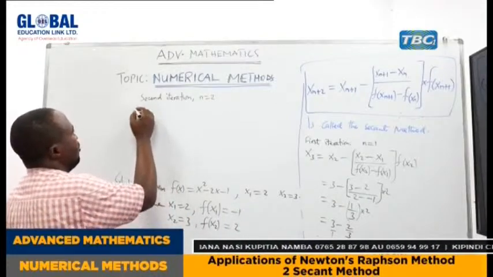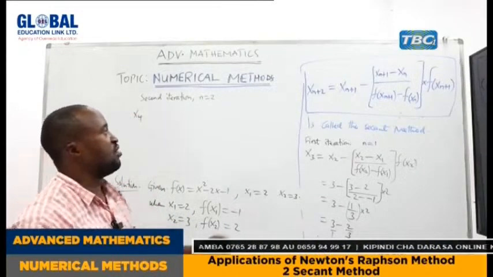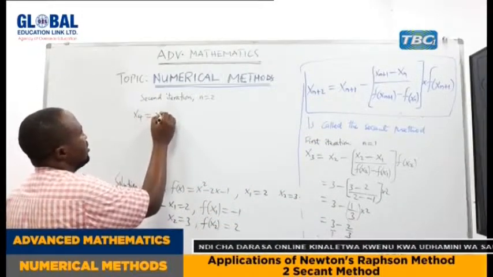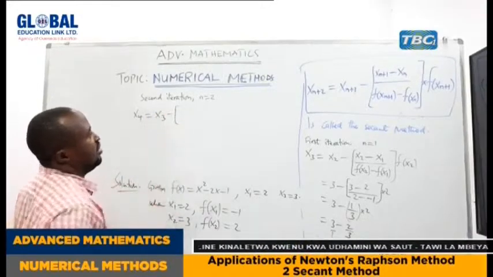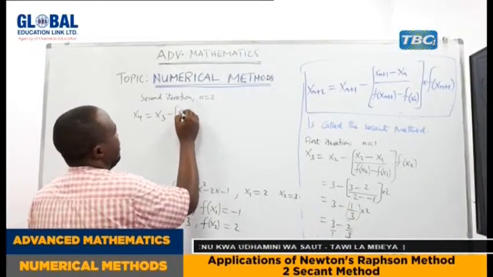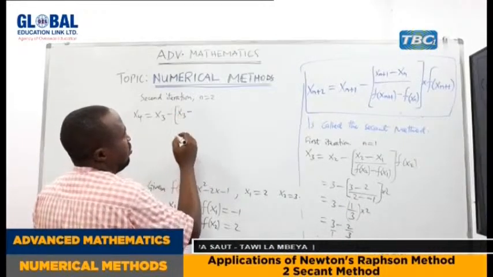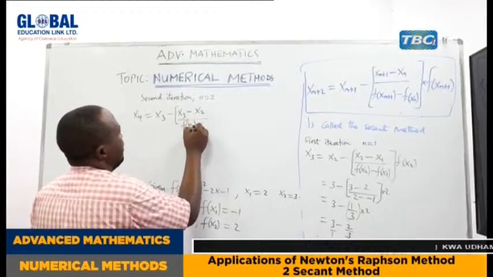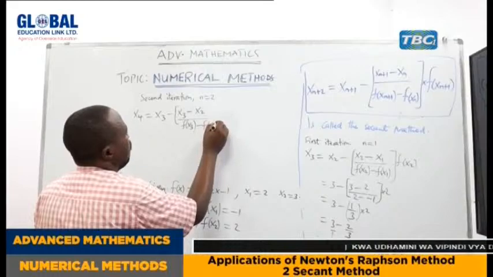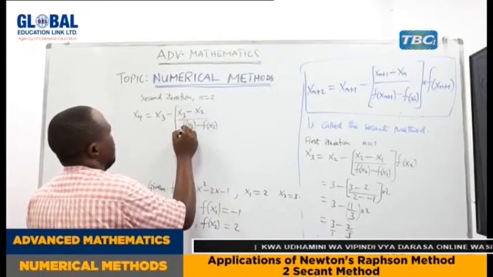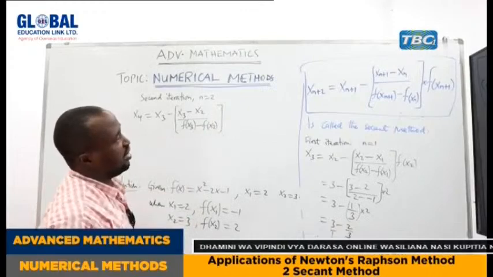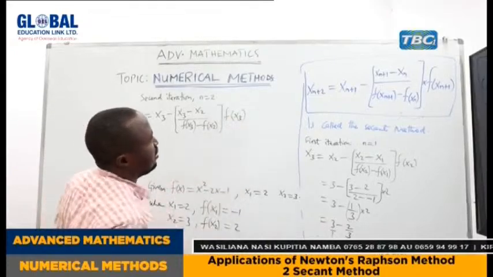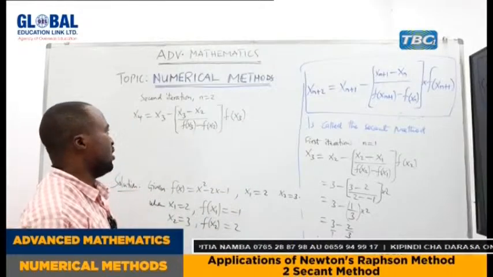We are going to have x4, the same as 2 plus 2, which is equal to x3 minus, then we have x3 again, minus x2 over f of x3 minus f of x2, then bracket of f of x3, that is xn plus 1.